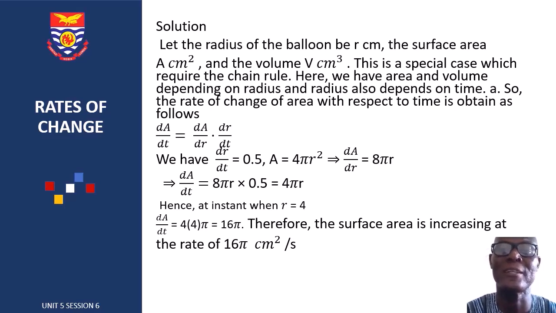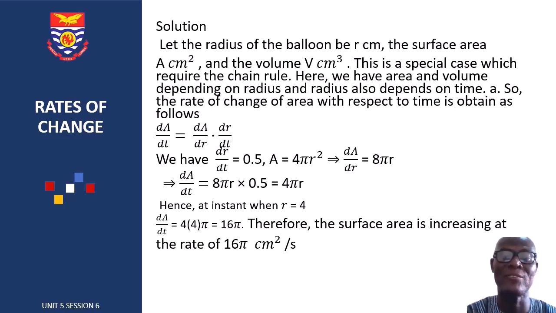Now, when we study the question carefully, we are given dr over dt, that is the rate at which the radius increases with respect to time. And we are interested in finding the rate at which the surface area increases with respect to time, dA over dt. So we use the chain rule, which is dA over dt equals dA over dr times dr over dt.